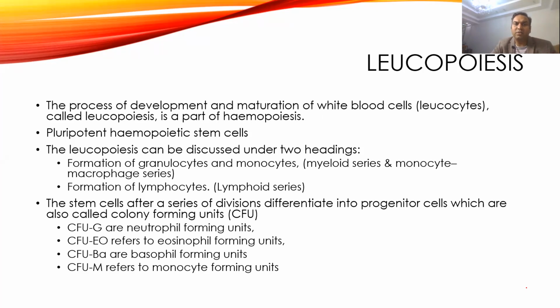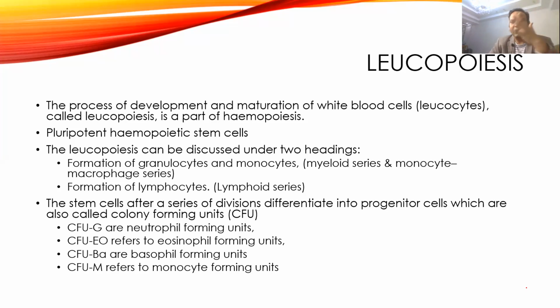Then it differentiates into different types of cells. Those which form the granulocytes are called the myeloid series, those which form monocytes are called the monocyte or macrophage series, and those which form lymphocytes are called the lymphoid series.